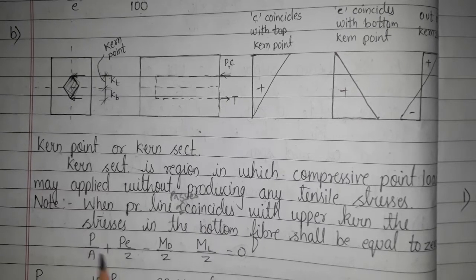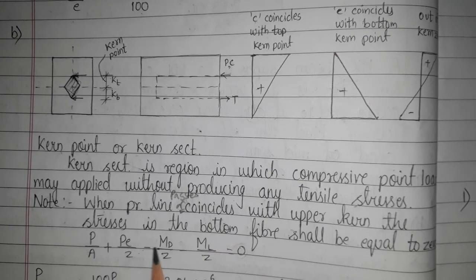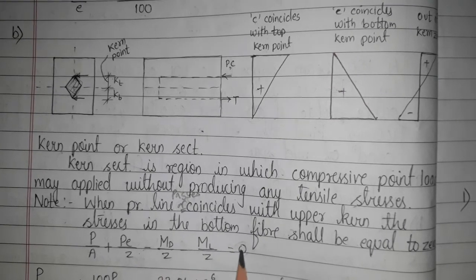Understood? Here in this case, the pressure line is passing through the upper kern zone. So when the pressure line is passing through the upper kern, the bottom stress will be 0. And vice versa, if the pressure line is passing through the bottom kern, the upper stress will be 0. So that time you have to check the sign convention and equate it to 0.